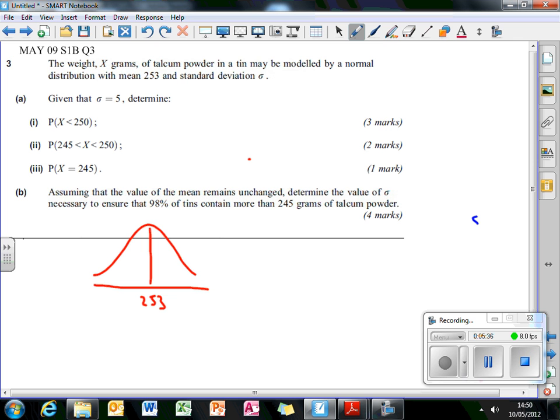Determine the value of the standard deviation, so that's what is now not 5, to ensure that 98% contain more than 245. So there's my 245, and I need the area above that to be 0.98, 98%. So I need to find that standard deviation that would give me that to be 0.98.